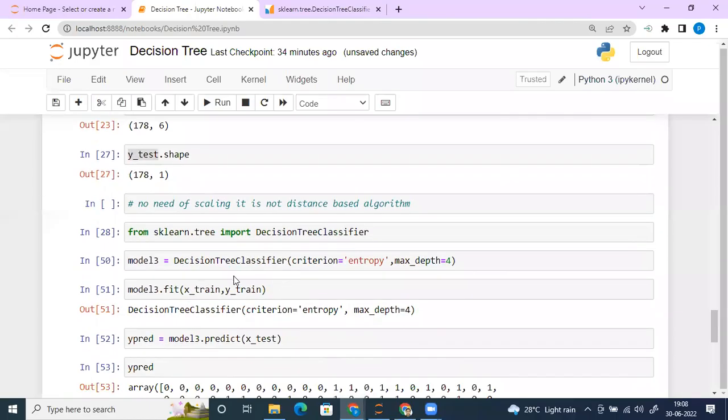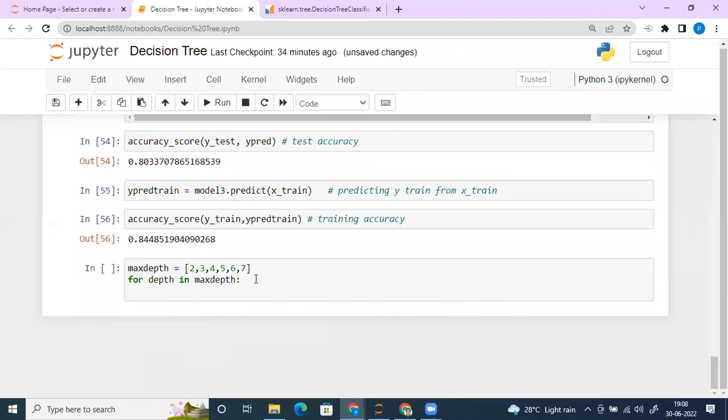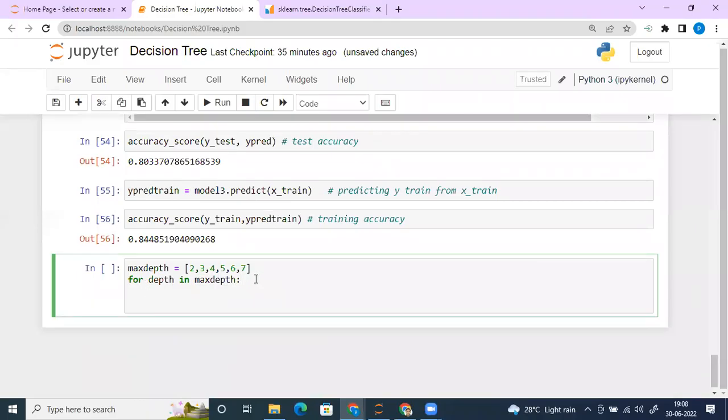Come here. Pick this line. You can put this model, whatever it is, and instead of putting 4, what I should put here is this, because this is what I'm iterating over in this list. In every iteration, this depth will have one value from the list. In the first iteration 2, second iteration 3, then 4, 5, 6, and seventh iteration 7.